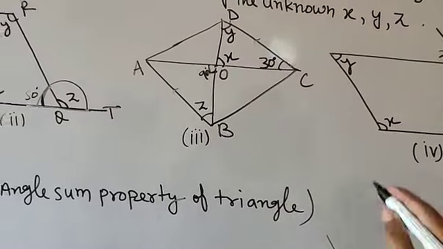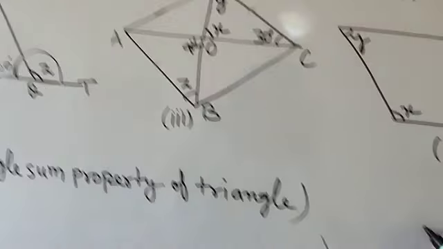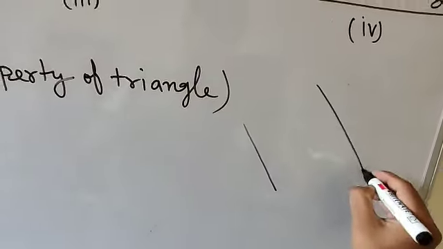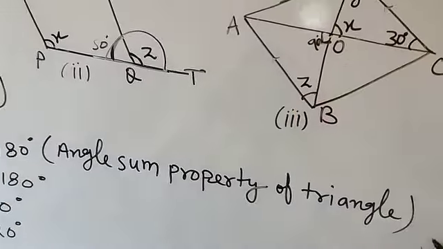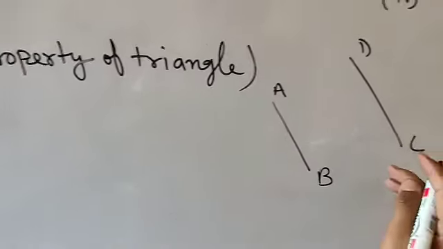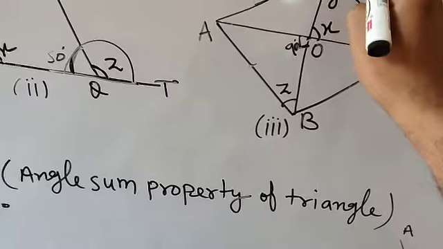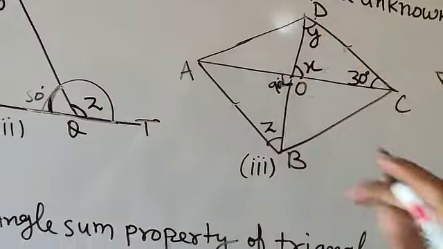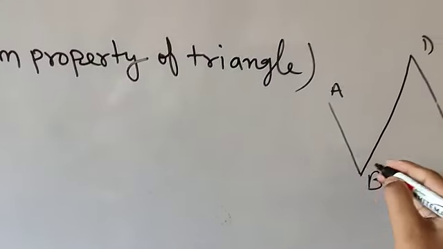Here it is AB and DC. If AB and DC are parallel, you can find that DB is intersecting both the parallel lines. So I am going to join this DB.